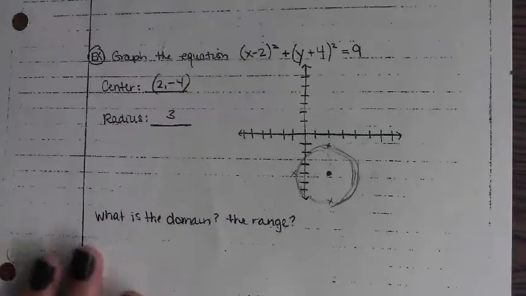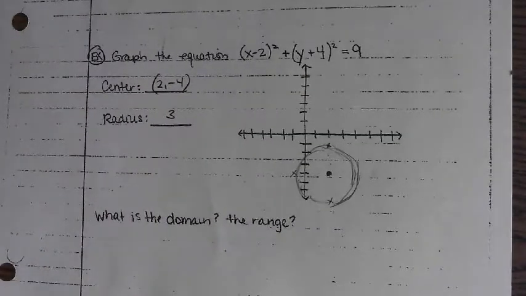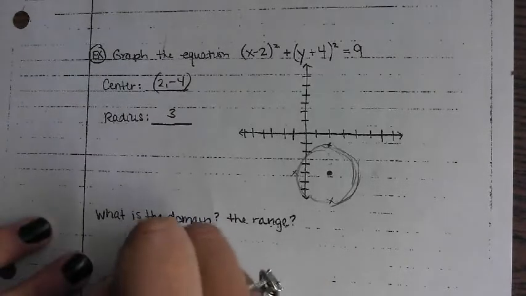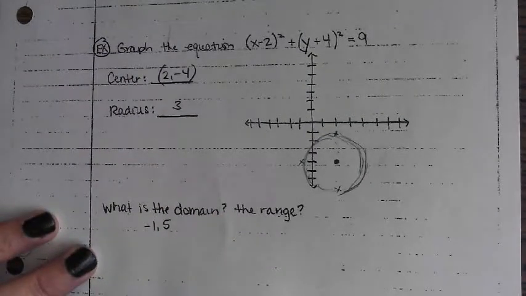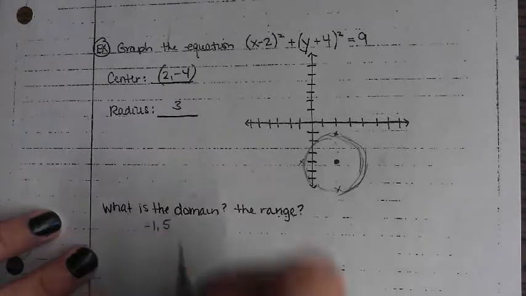The domain. What is the domain of this circle? Connor? Negative 1 to 5, very good. Interval notation, parentheses, brackets, mixture, brackets, yeah.